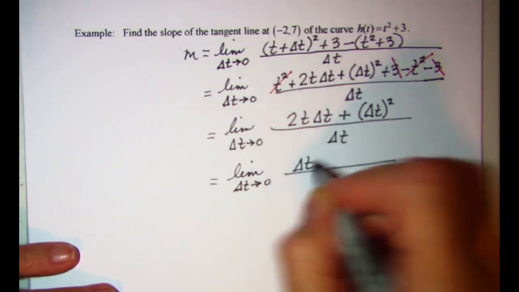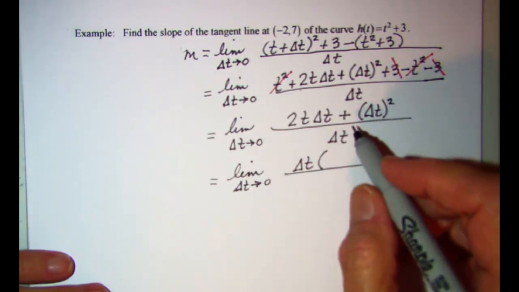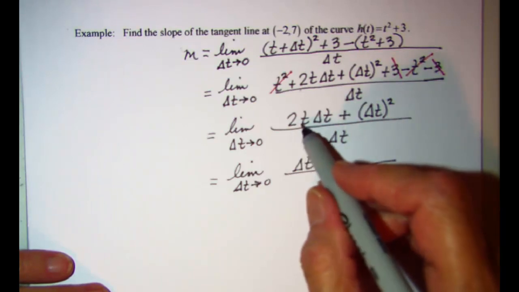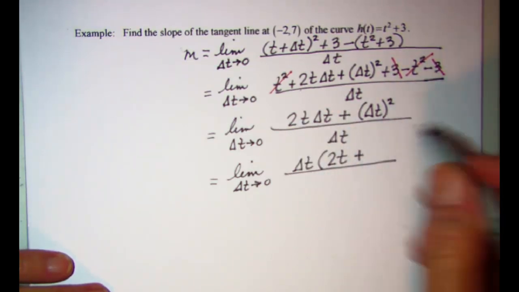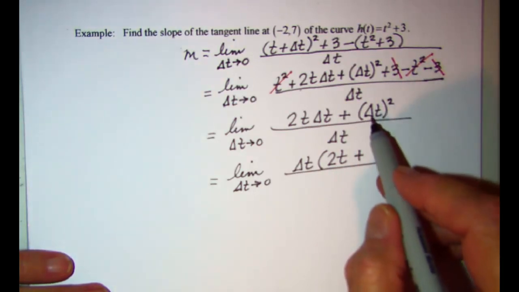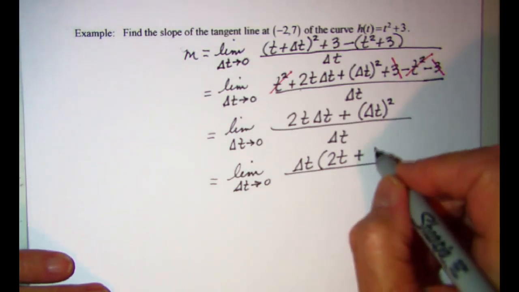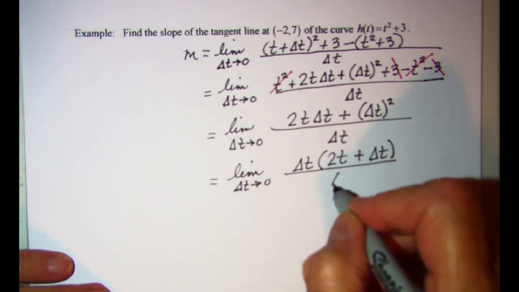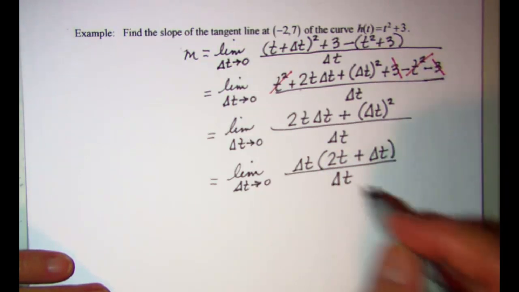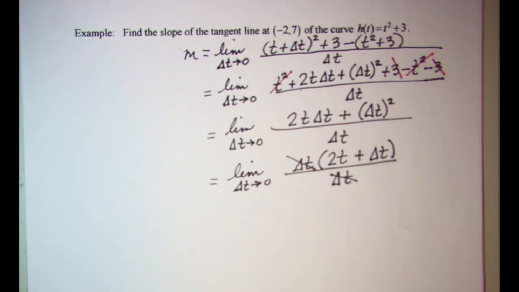Let me write delta t out in front. So now I have 2t still left, and then plus, then I took one of the delta t factors out of this term, so I still have another one in there, and that's over delta t. So now this factor cancels with the delta t in the denominator.